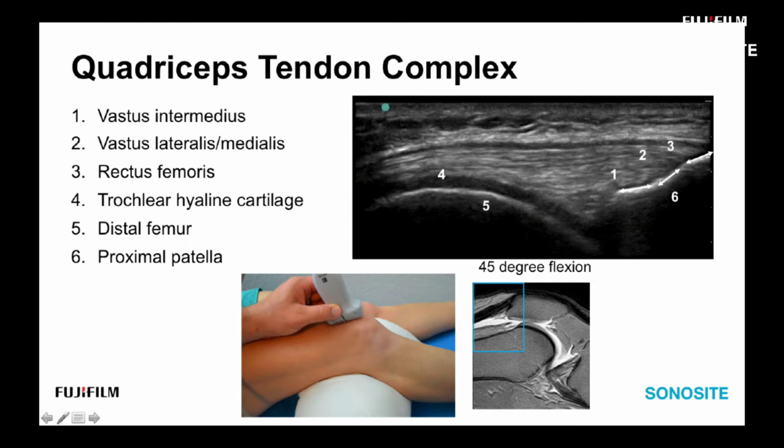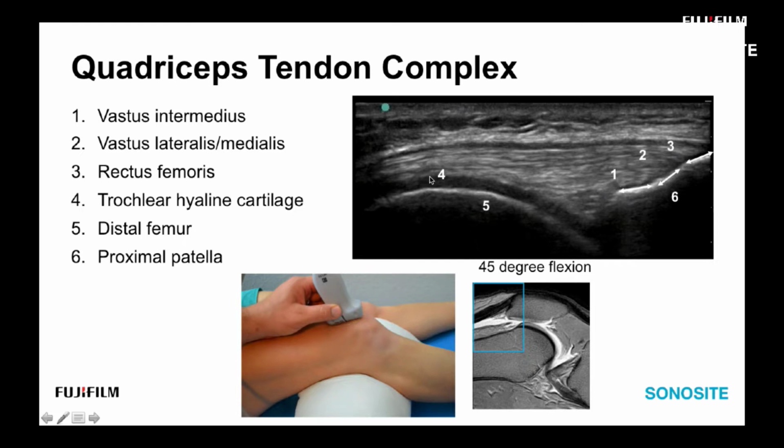It's prominent in just about everybody I come across, but not all the way across the patella, just in one segment. We'll cover that in the live scan here, but the most superficial component here is number 3, which is the rectus femoris. The number 2 here is the complex of the vastus lateralis and medialis, and then number 1 here is the deepest layer of the quadriceps tendon complex, which is vastus intermedius.